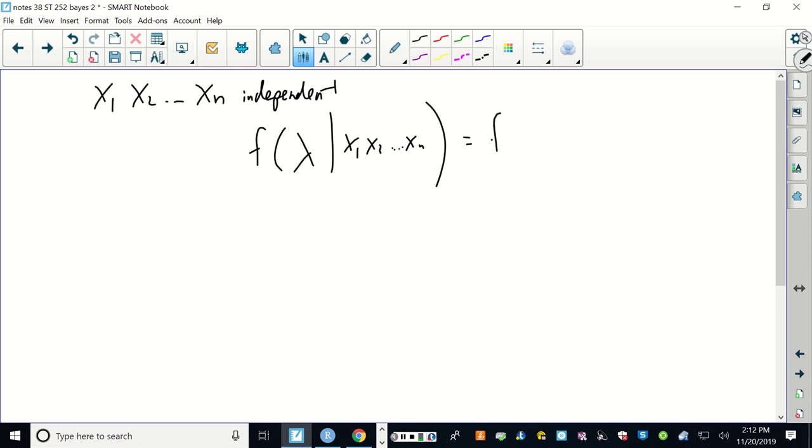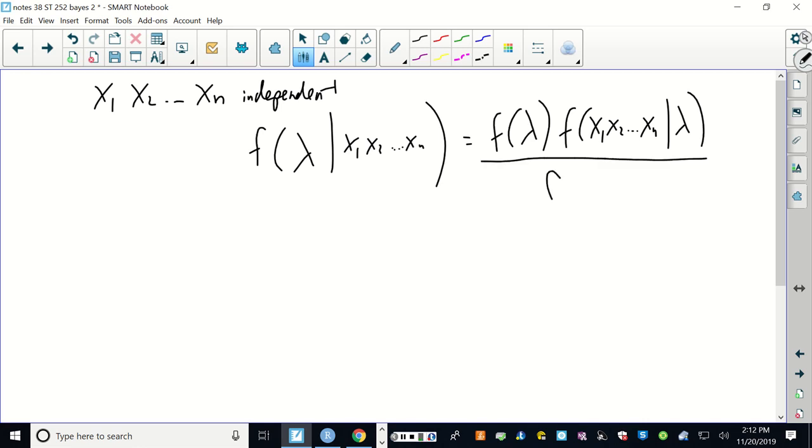So it still has the prior in there, which is one prior. And then there's the joint distribution of all the data given our parameter, over the distribution of just these counts when lambda is integrated out and disappears from the formula. Again, this is proportional to the numerator because we will really only care where lambda is.